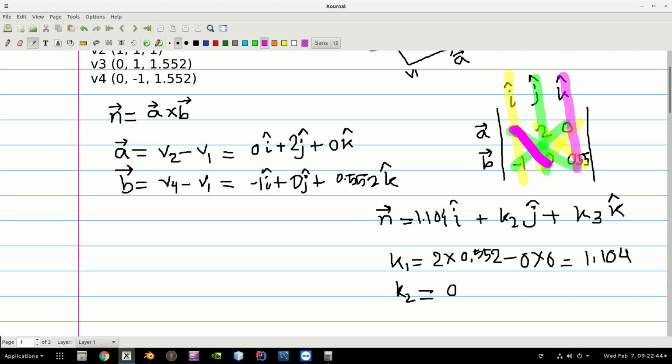So 0 times 0 minus 1 times 2, so k3 is equal to 2. Now we've got our answer: the surface normal on this surface is going to be 1.104 I hat plus 2 k hat. There is no j hat.